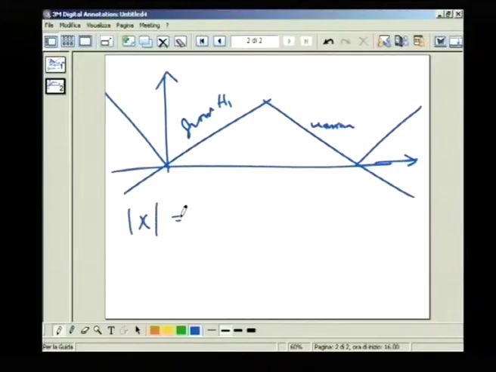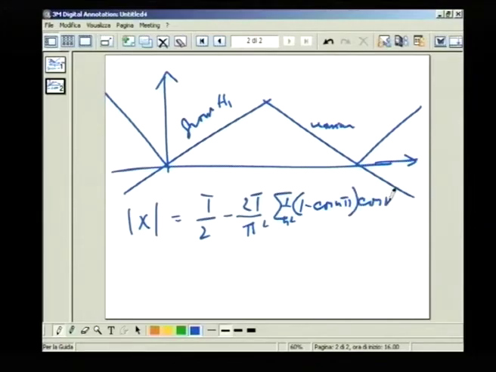This is a periodic function, and we know that there is a scientist living in the late 18th century. He said that any periodic function can be represented, like this one, by a series of trigonometric functions. Here you have, for example, the sum over 1 over n square times 1 minus cosine n pi times cosine n x pi divided by 2.